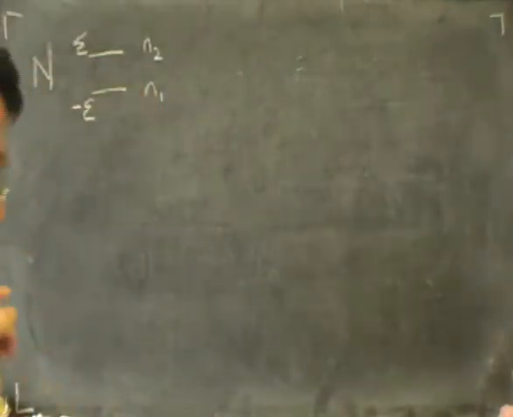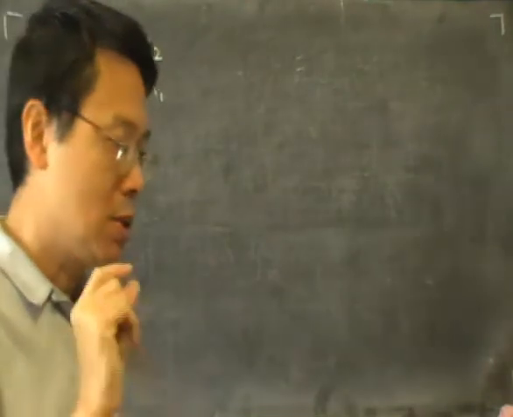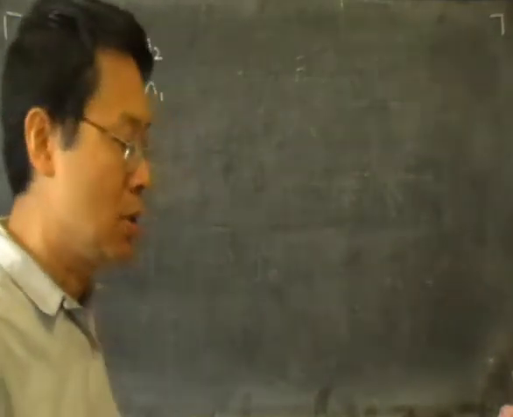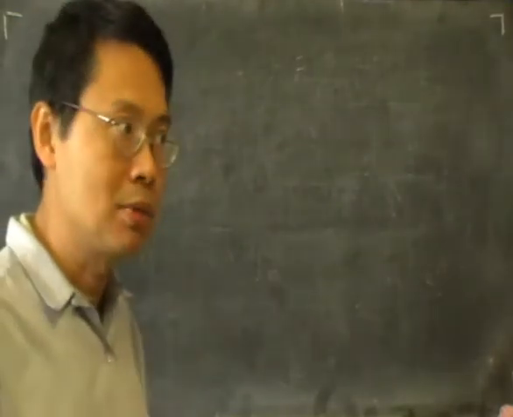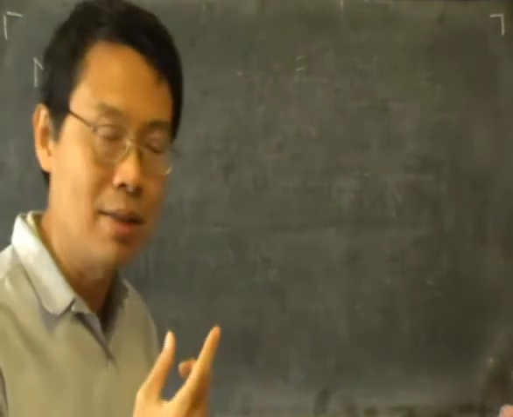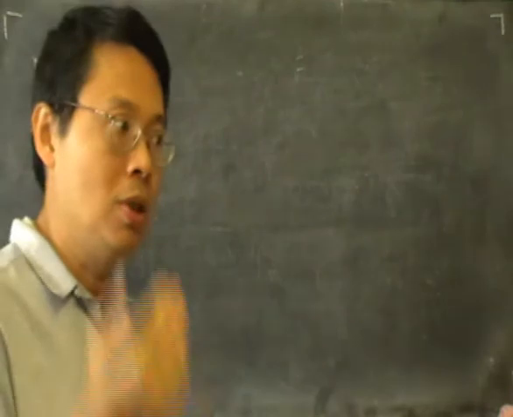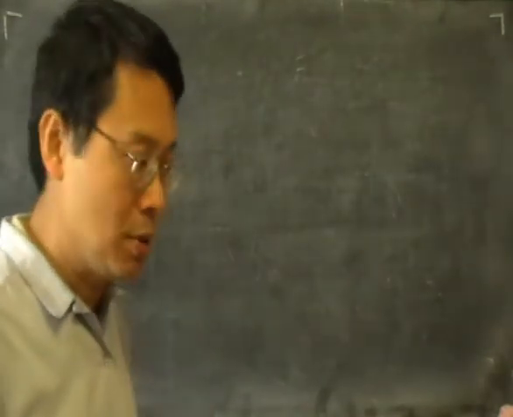When this ion is in a magnetic field, it can either align its little magnet along the magnetic field or in the opposite direction.